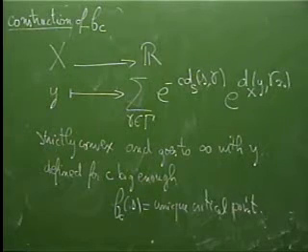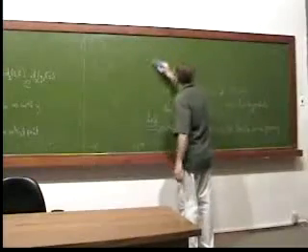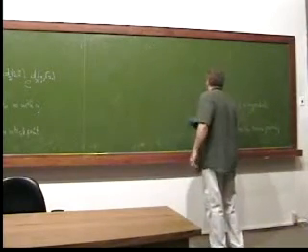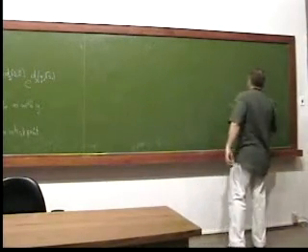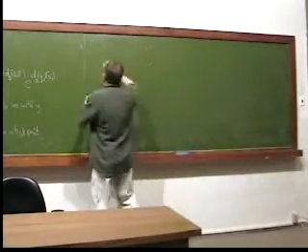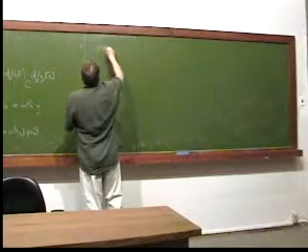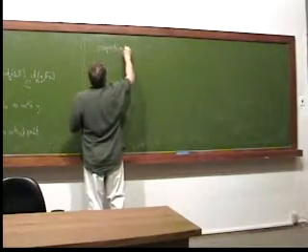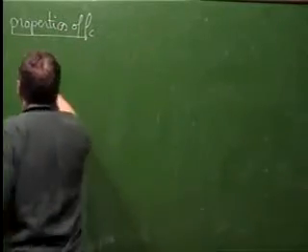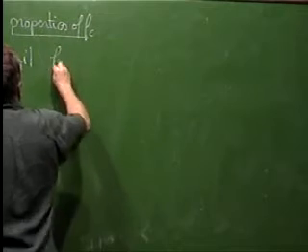Okay, so as yesterday and the day before, let me just state a couple of properties of these maps. First of all, FC is equivariant.